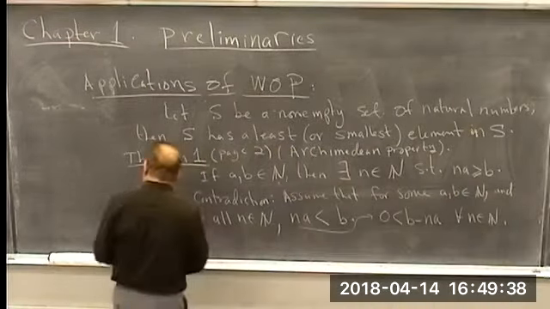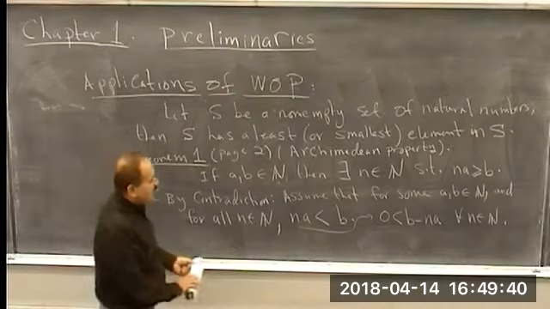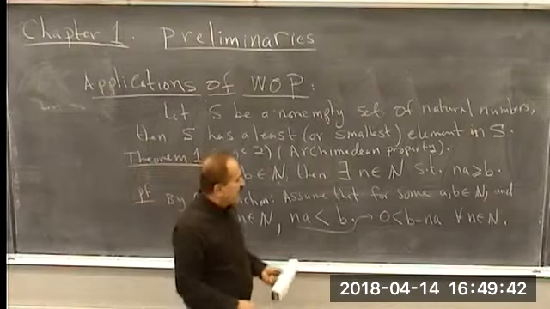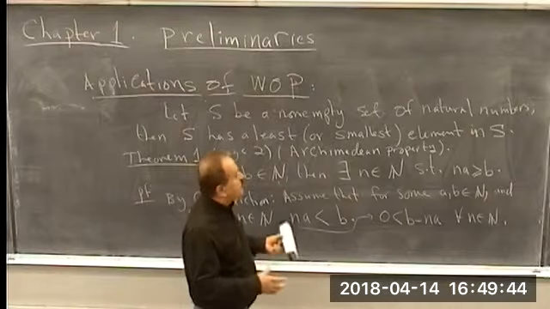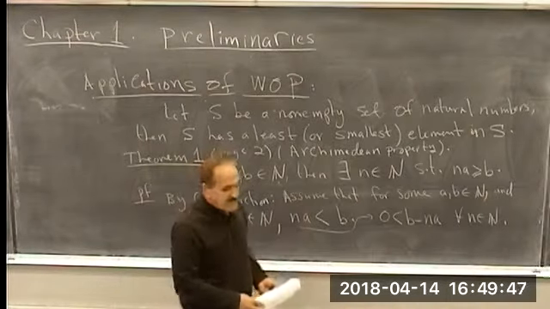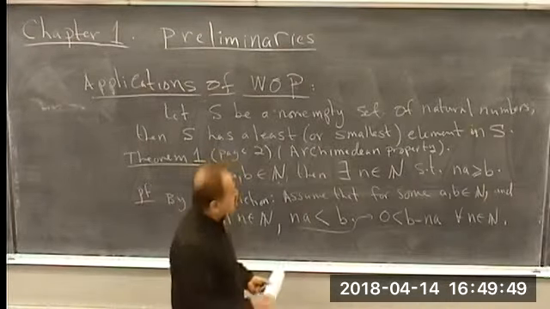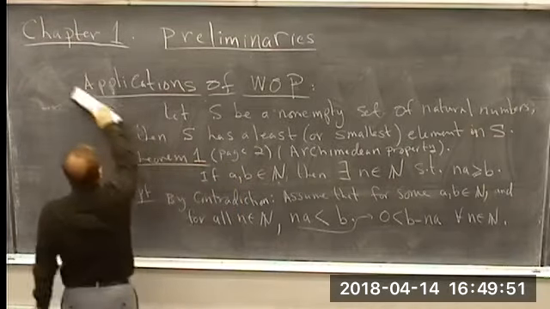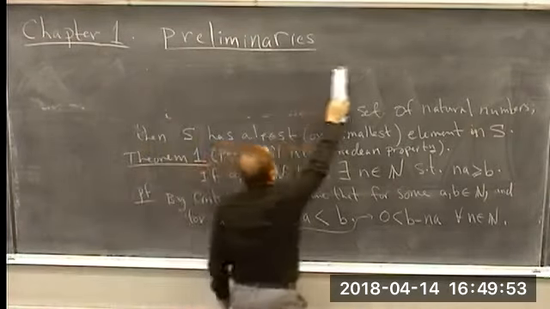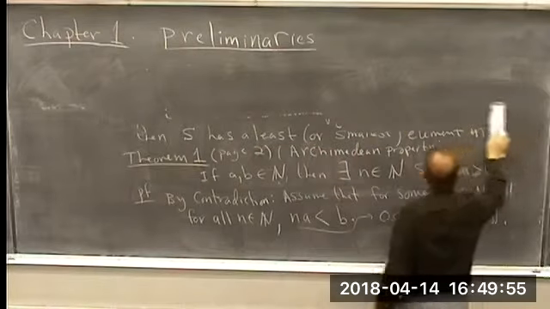Now I want to create a set of natural numbers or positive integers, and this set is going to consist of numbers of this form.